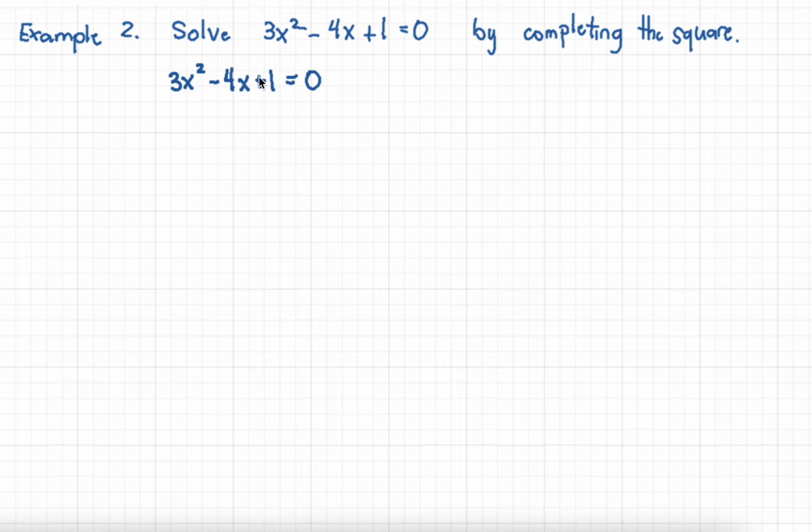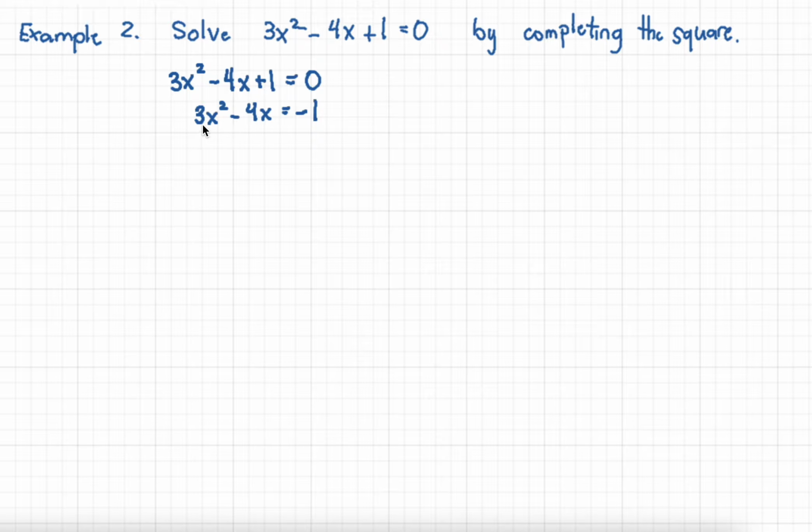So, transpose po natin yung positive 1 to the other side of the equation. To do that, we need to subtract 1, right? Para maging 1 minus 1 is 0. And then sa kabila, 0 minus 1 is negative 1. So, we'll have 3x squared minus 4x is equal to negative 1.